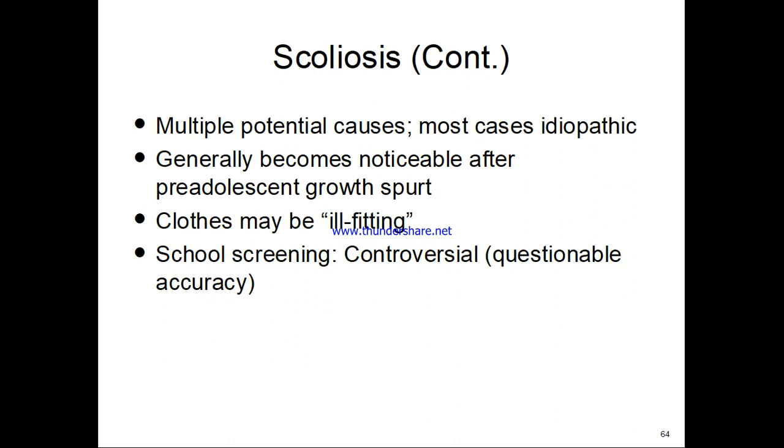Well, that's been questioned for accuracy. There's a lot of cases that could not be caught that way, and then there were a lot of ones that were allegedly a positive screening, but then it turned out to be nothing. So for that reason, a lot of schools are getting rid of bothering with that. But checking for spinal alignment is definitely going to be part of your primary care well-child visit, head-to-toe assessment.